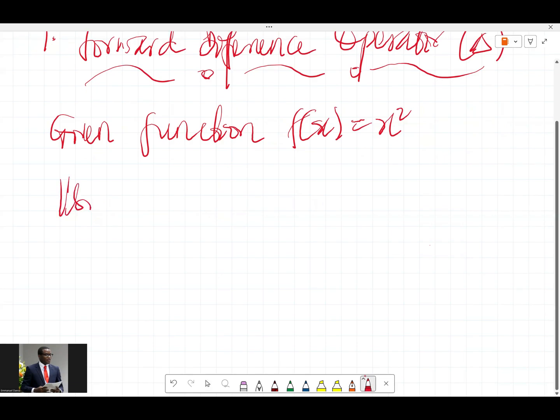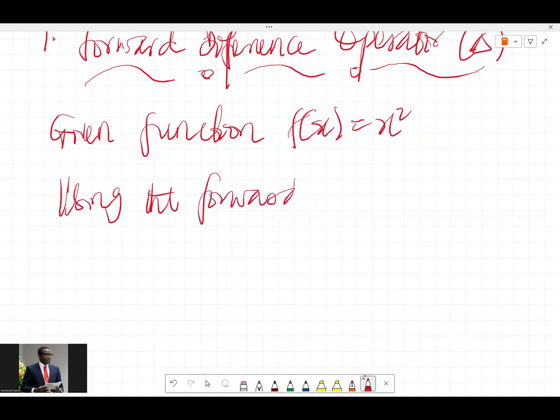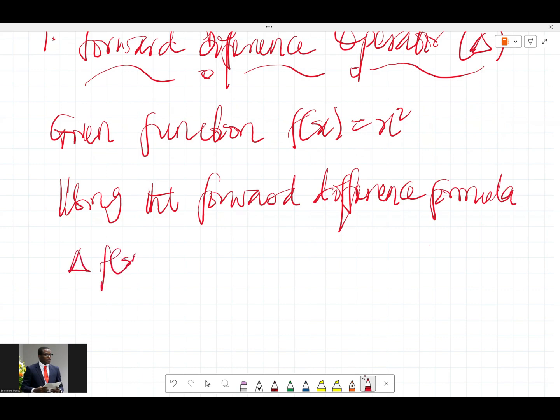Using the forward difference formula, you see that you need delta f of x, that's f of x plus h minus f of x.